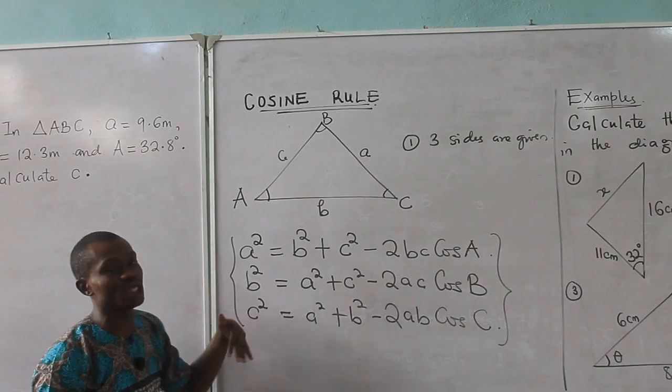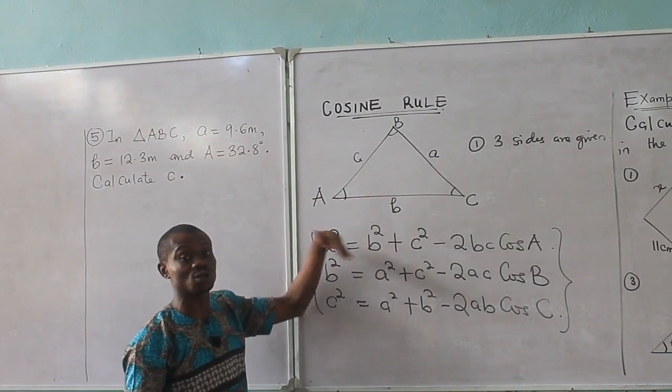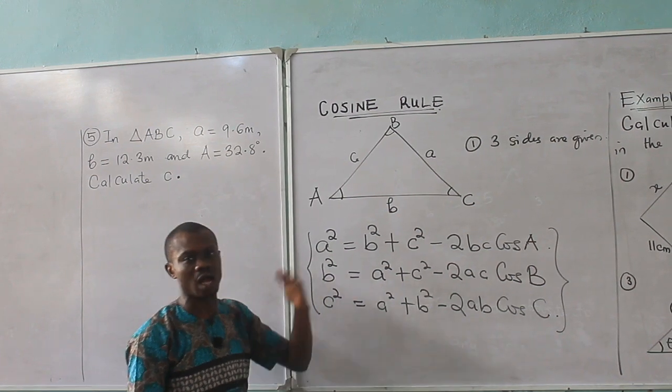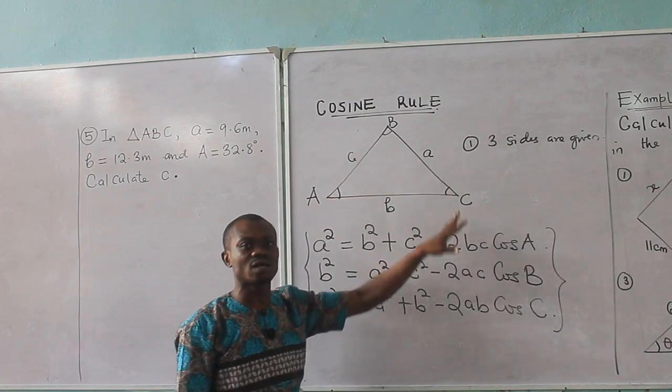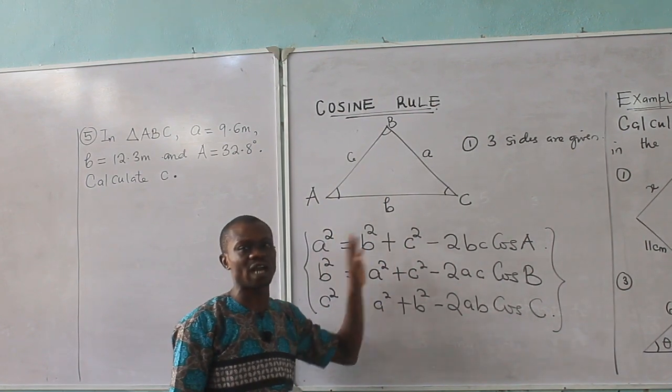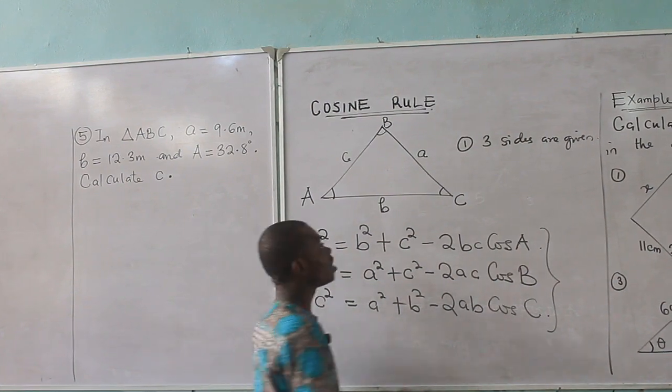Remember, all we are doing here is how to solve for a triangle completely, to get any missing side or angle. So if all the three sides are given and the three angles are missing and you're asked to find them, then you can make use of the cosine rule. Alright, so that is one.